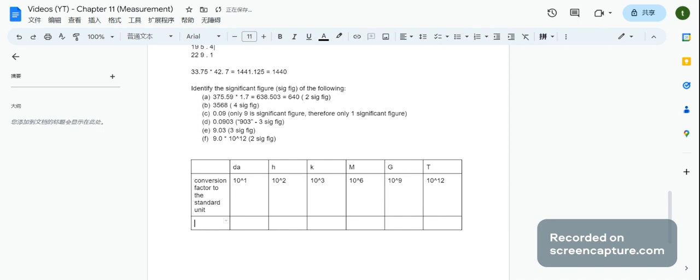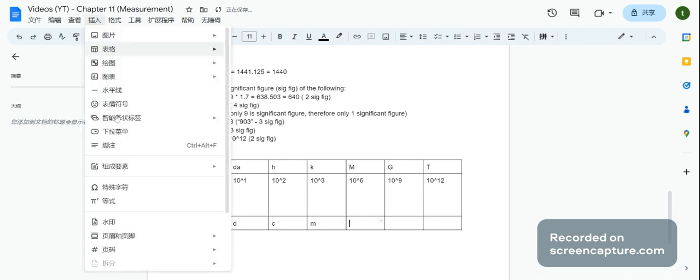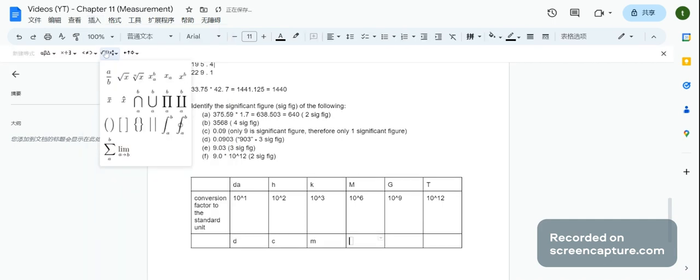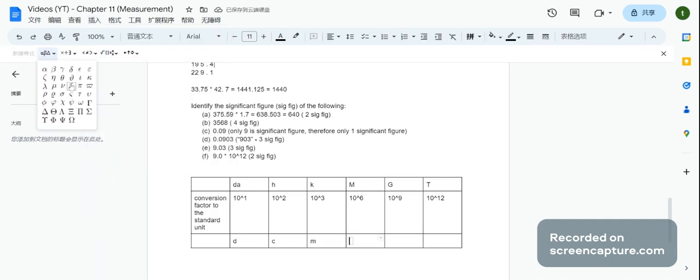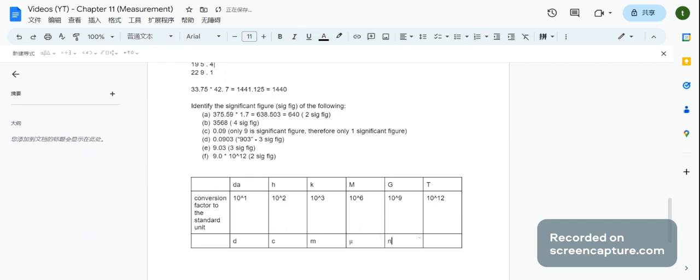And it would be centi, and micro. Micro is this one, micro, nano, pico. So this would be the conversion factor to the standard unit.